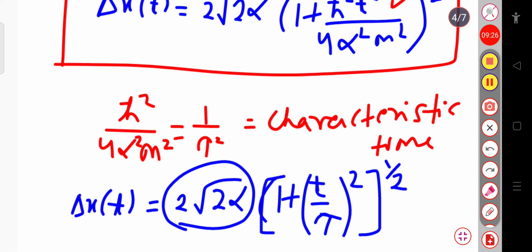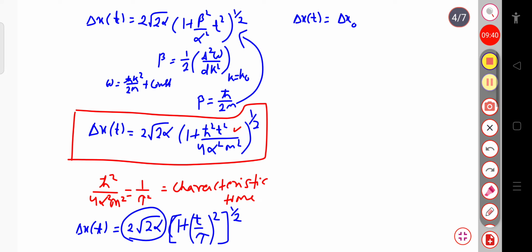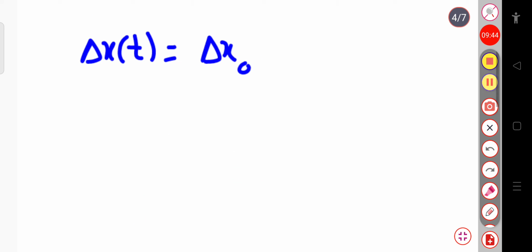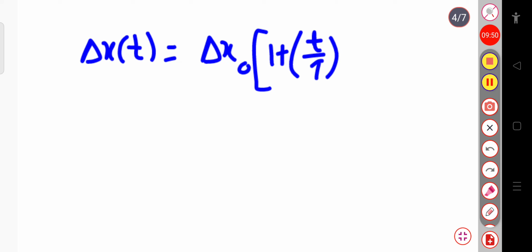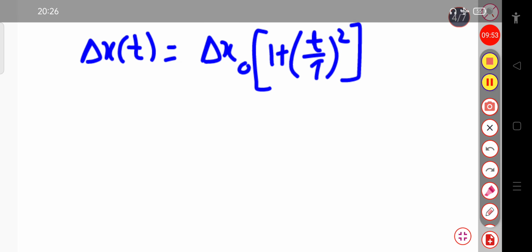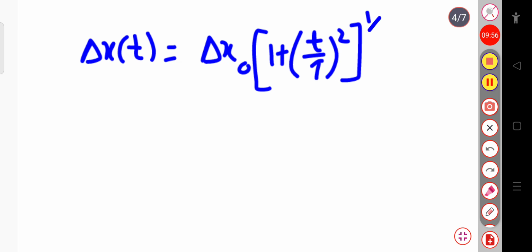So we can represent this equation as delta x at t equal to delta x at t equal to 0, into (1 plus small t divided by capital T whole square) power 1 by 2. So this is the expression for the width of the Gaussian wave packet after some time interval t.